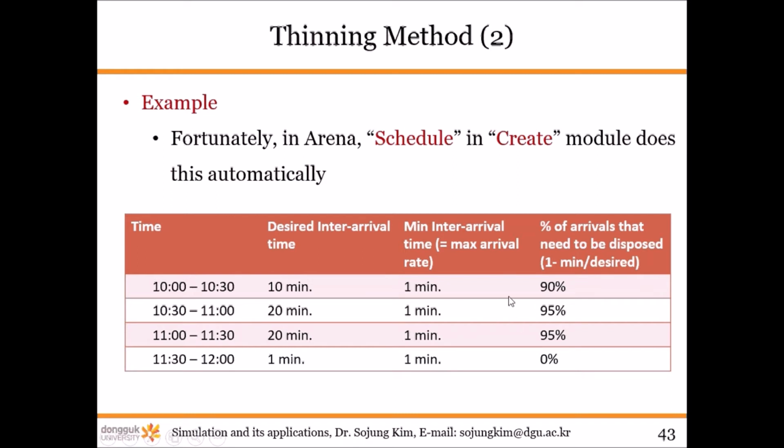In order to meet this desired time interval, you have to reject 90% of the generated entities for the first time interval, and for the second, you need to reject 95% of the generated entities. For the third, you do the same thing, and for the last, you can accept all the entities generated. So in Arena, the create module uses this thinning method to avoid that potential problem associated with a non-stationary process.